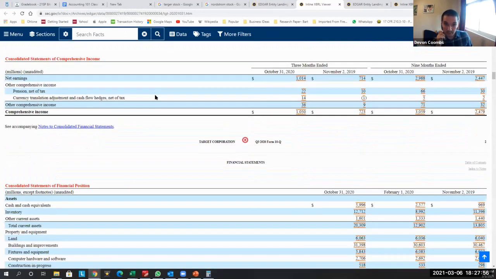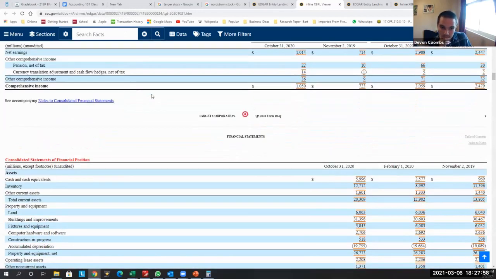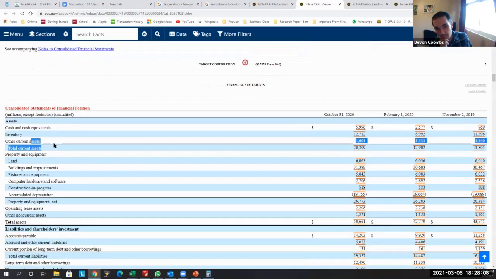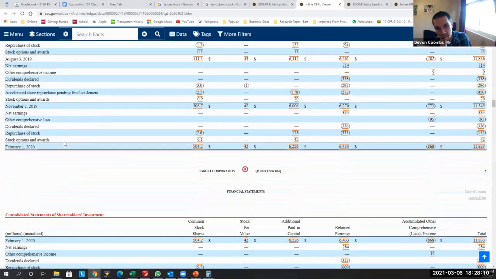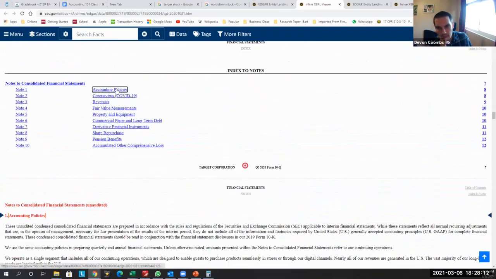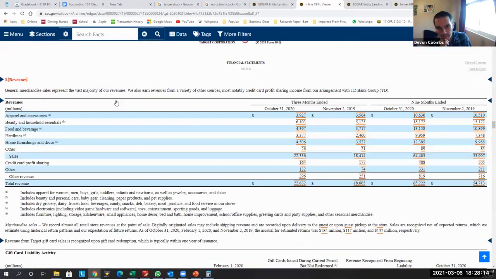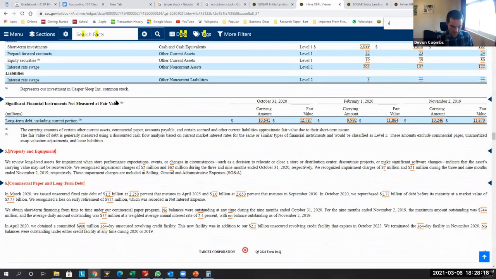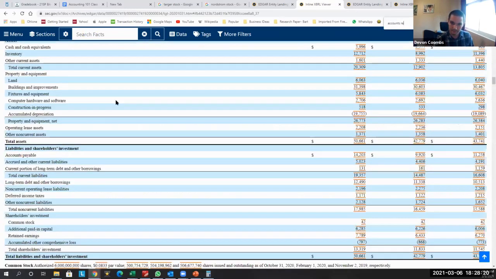And then their accounts receivable. Oh, here's a challenge. They don't actually report their accounts receivable. Probably going to have it in their other current assets. We'll have to see here. We'll have to look at a different company for comparison.